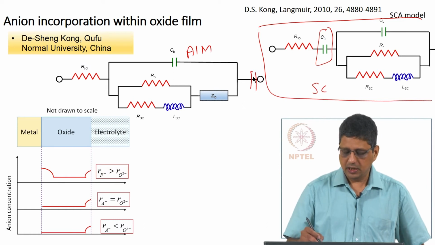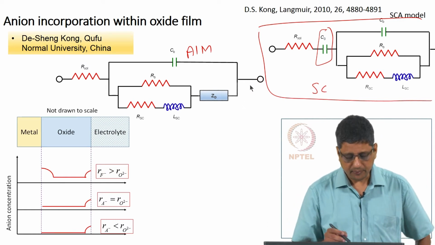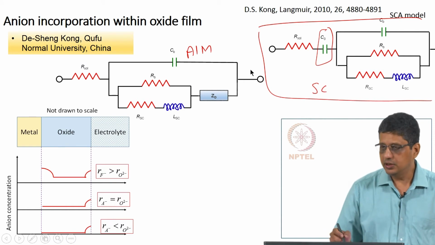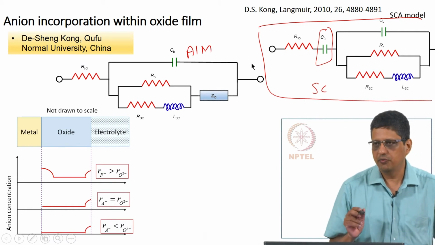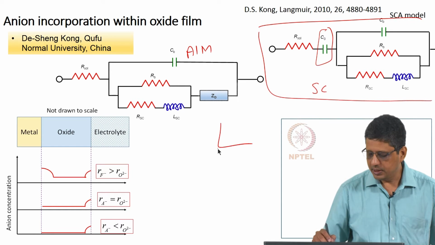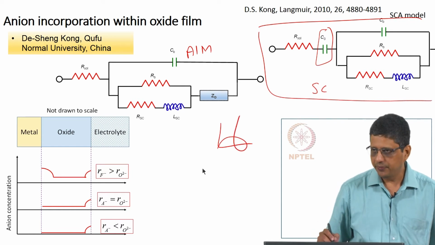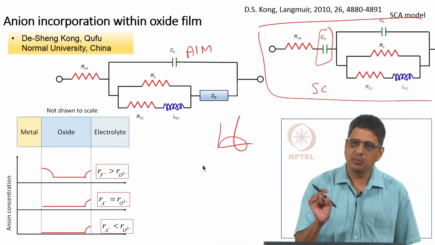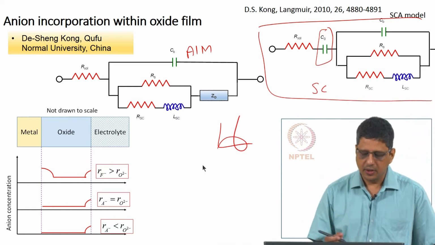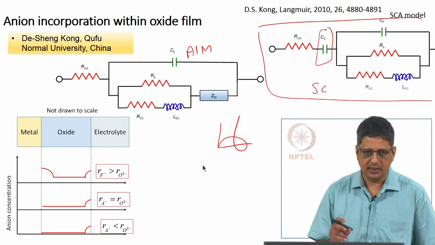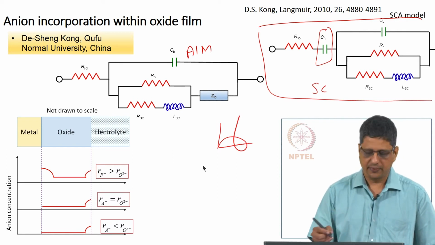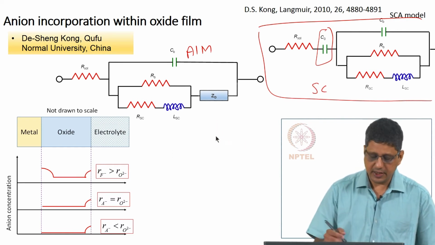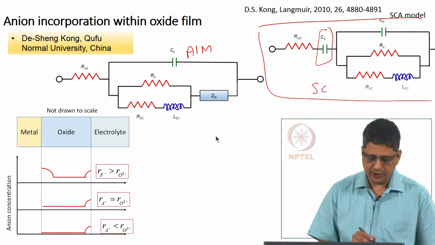Another interpretation of the data is this. This is usually seen when you have fluoride ion. We do not see this behavior, I mean this inductive loop. Usually we see this when you have fluoride ion, F minus ion. F minus ion is going to be very small, and of similar size as the oxygen anion. So, the interpretation is different in different situations.